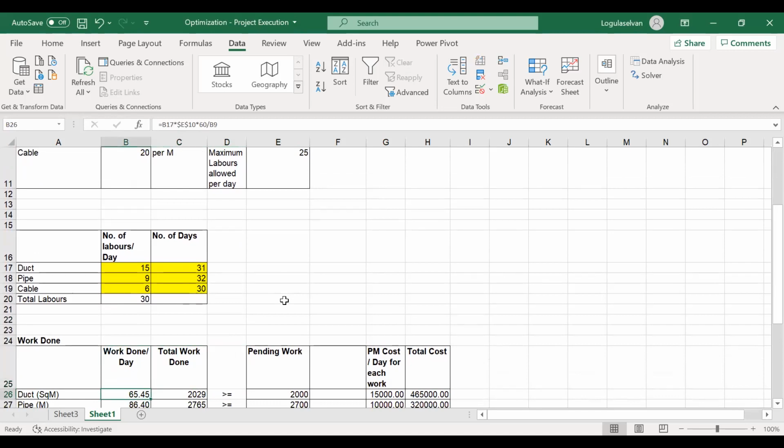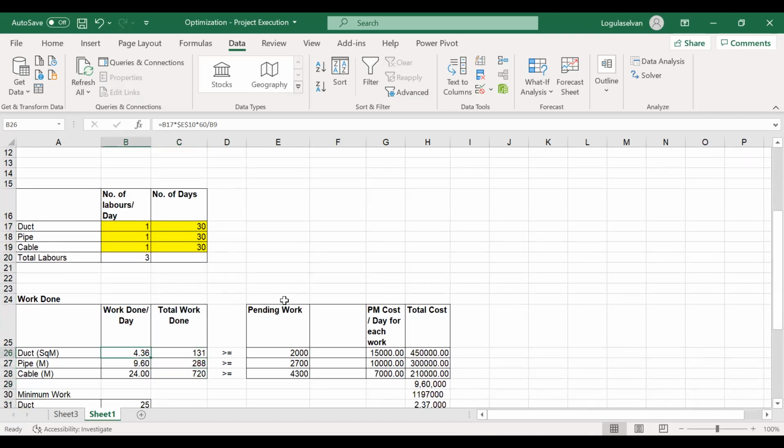So now this yellow highlighted column is what we are going to find out. This is the number of labors per day, how many labors are required per day and how many days are required to complete the work. So right now I'm keeping 1 here, and the days I feel as 30, I'm changing that.